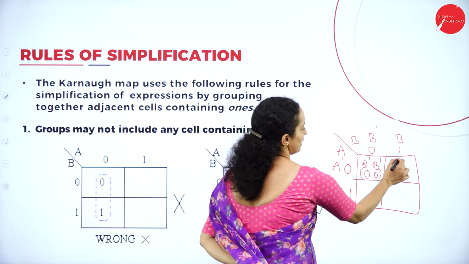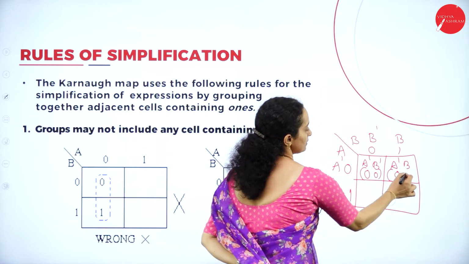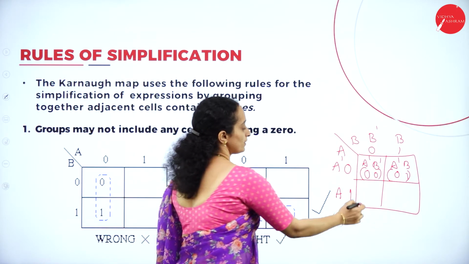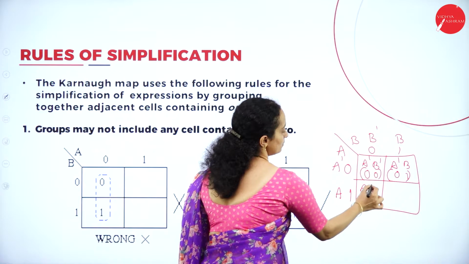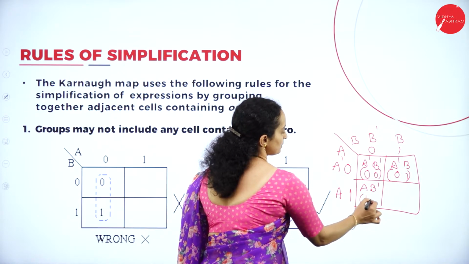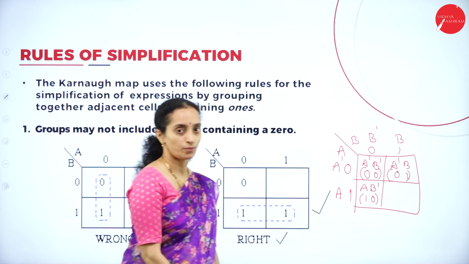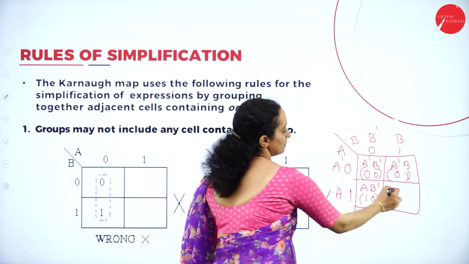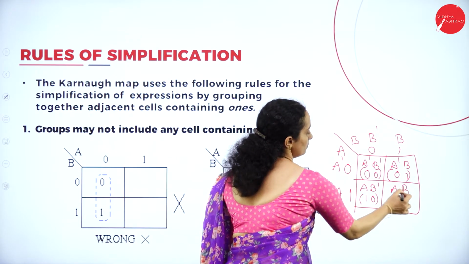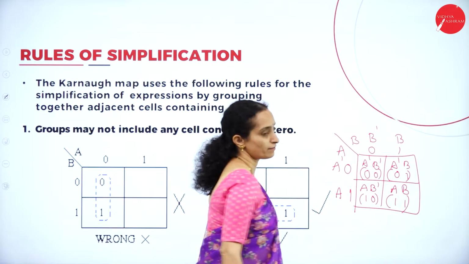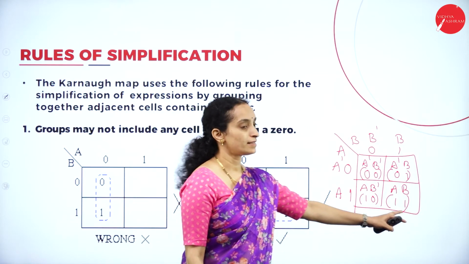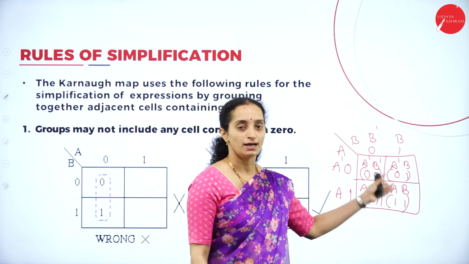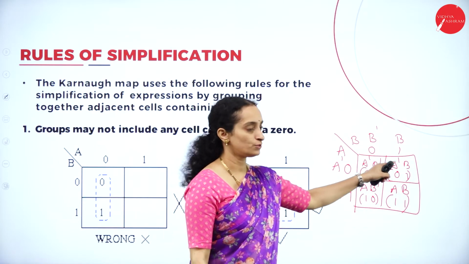Now we have A dash B, that is 0, 1, which represents decimal equivalent 1. Alright. Next we have A into B dash, which represents 1 into 0. Okay. This represents the decimal equivalent 2. Now we have A into B, it is 1, 1, which represents the decimal equivalent 3. 0, 1, 2, 3. Another it is 0, 1, 2, 3.